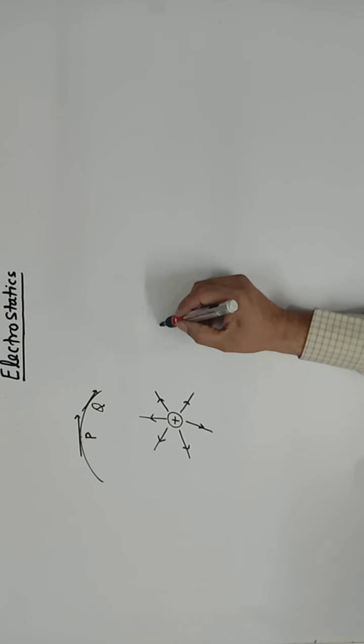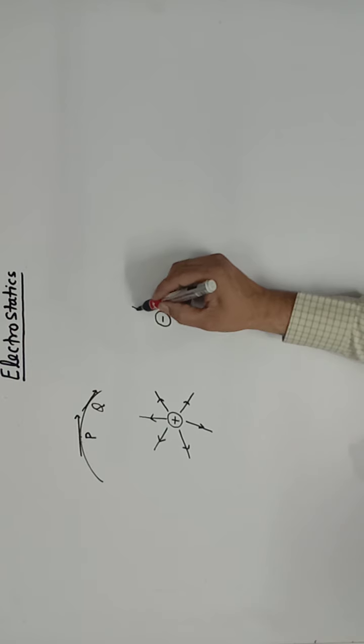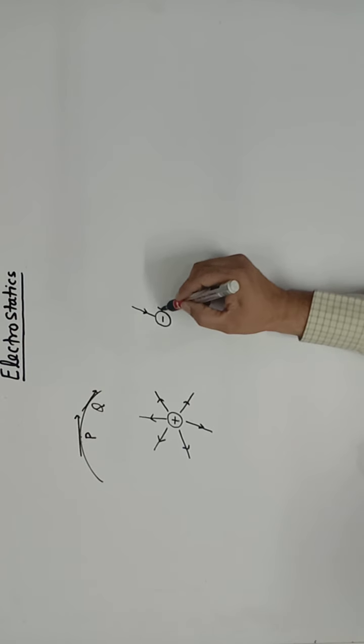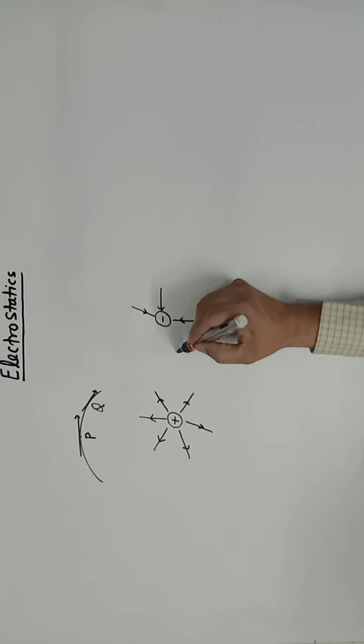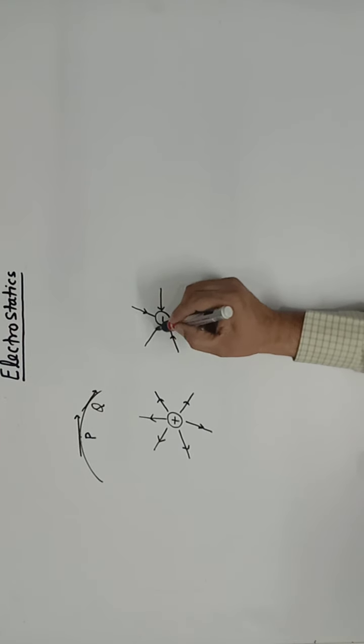If the charge is negative, they are inward. So if the charge is positive, the field lines are directed outward. If the charge is negative, they are inwards.